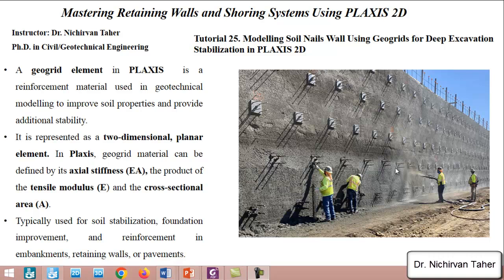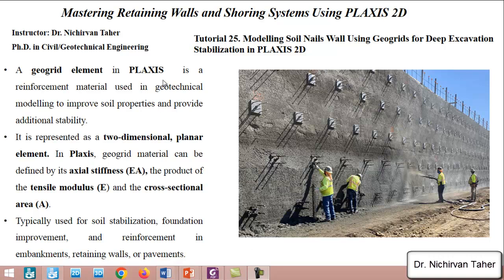general. A geogrid element in PLAXIS is a reinforcement material generally used in geotechnical modeling to improve the stability and strength of the soil to provide more or additional stability.